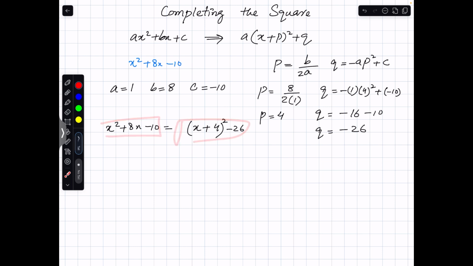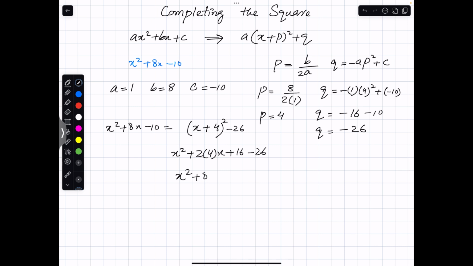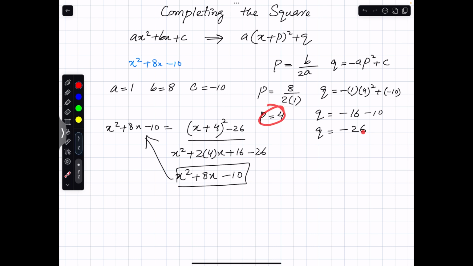If we split this, it will be equal to x square plus 2 times 4x plus 16 minus 26. So you can see x square plus 8x plus 16 minus 26 is minus 10. So this is equal to this, and this means that we have accurately determined the p term and q term.